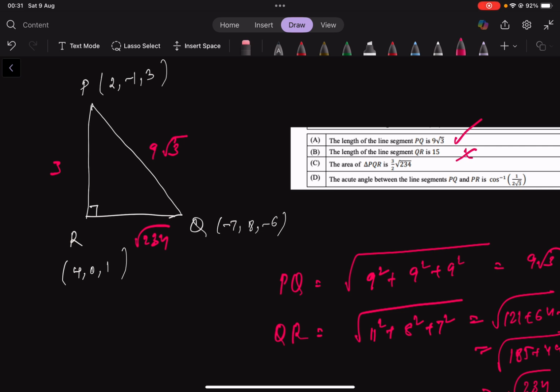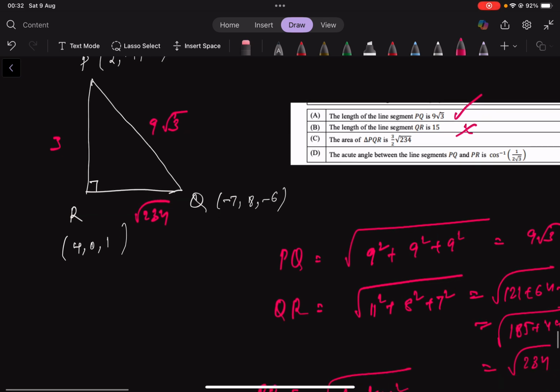If we have to find the area of PQR, that is half times 3 times square root of 234, which is 3 by root 2 into root 234, which is correct.